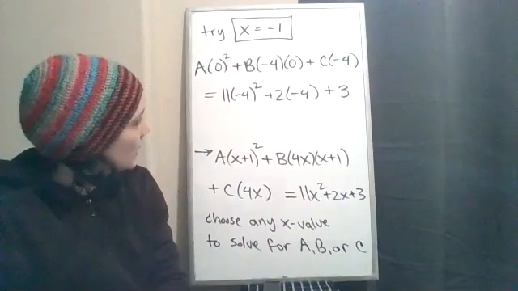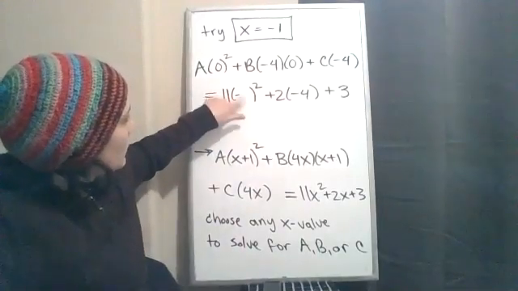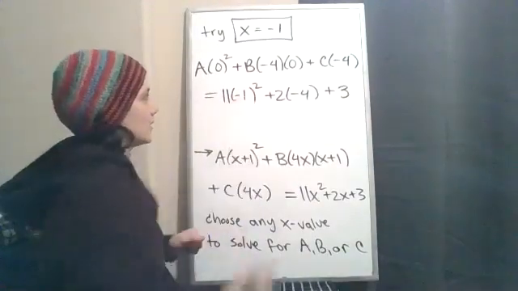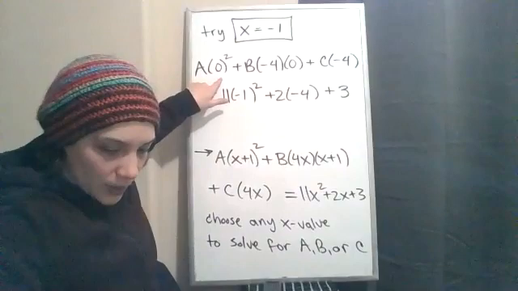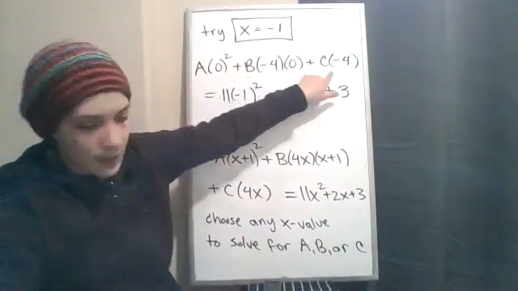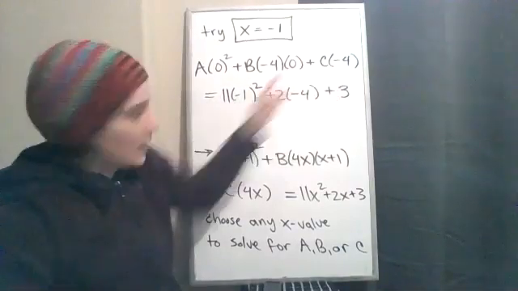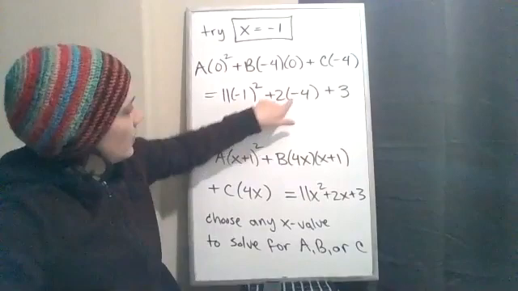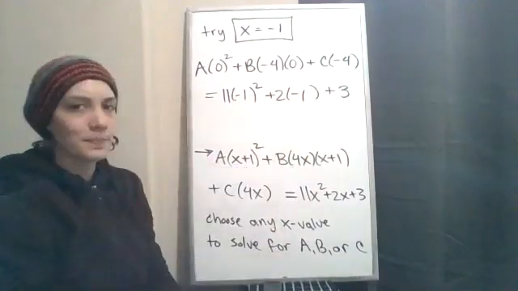Oh wait, that's not a -4, it's a -1. Ah, there we go. Put in -1, and then we put in -1, and then we put in 4 times -1. And then -1 squared, and this has got to be the right number, and that's better.